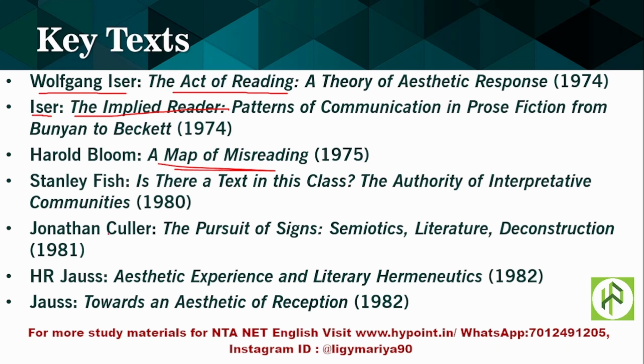Jonathan Culler published The Pursuit of Signs: Semiotics, Literature, Deconstruction, in 1981. H.R. Jauss came up with Aesthetic Experience and Literary Hermeneutics, in 1982. Jauss again came up with Toward an Aesthetic of Reception, published in 1982.